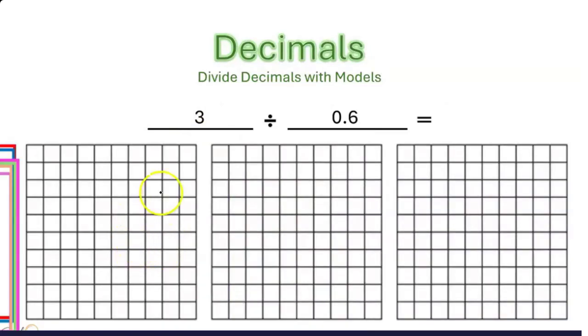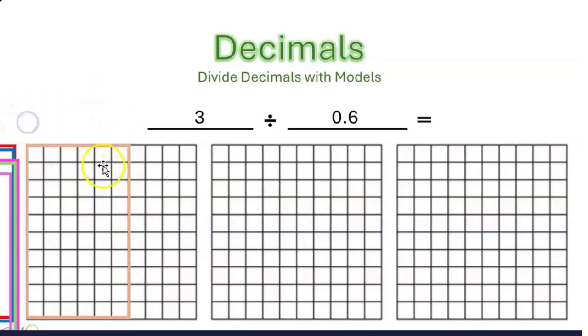All right, let's look at another example. Here we have 3 wholes. So here's 1, 2, 3 wholes. And what we want to do is divide it by 6/10. So over here, I have some pre-made ones. This is 6/10, right? 1, 2, 3, 4, 5, 6.